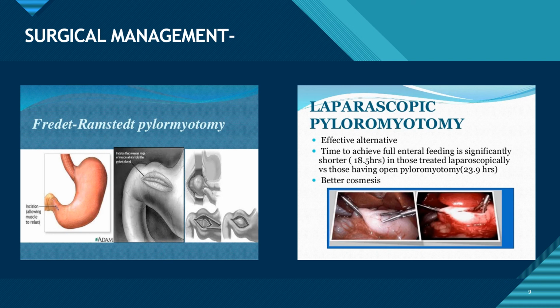In this surgical procedure, the pediatric surgeon will perform an incision in the wall of the pylorus, which has blocked the pathway of the stomach. Okay, you should remember the surgical name of this pyloric stenosis.